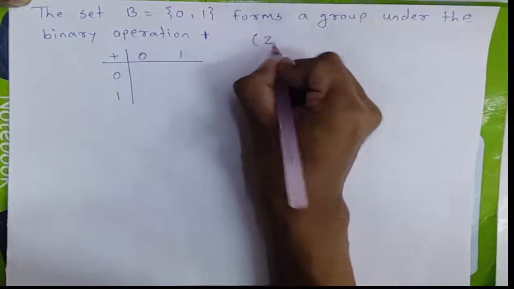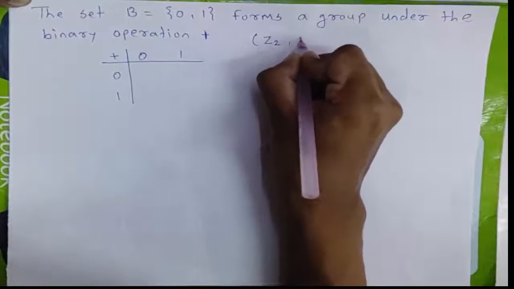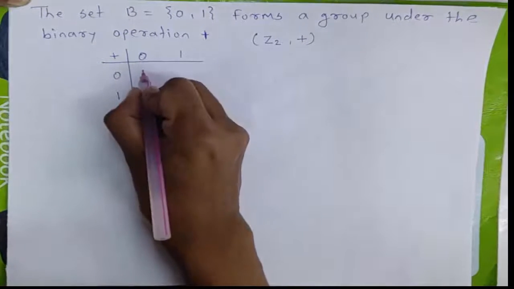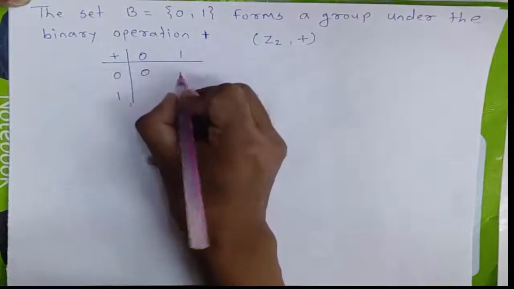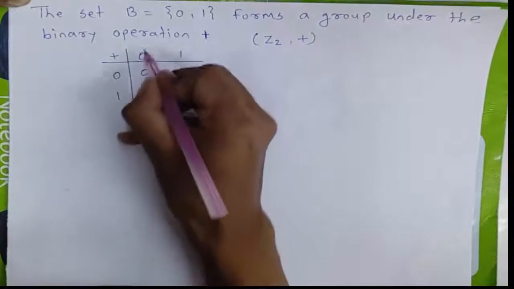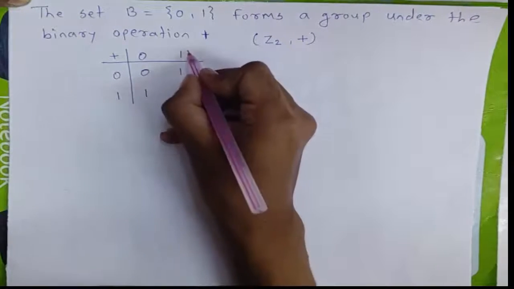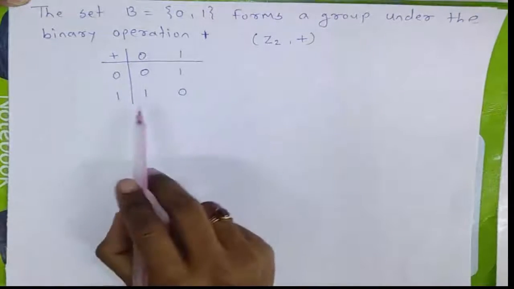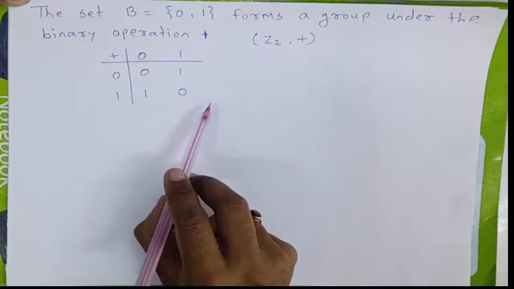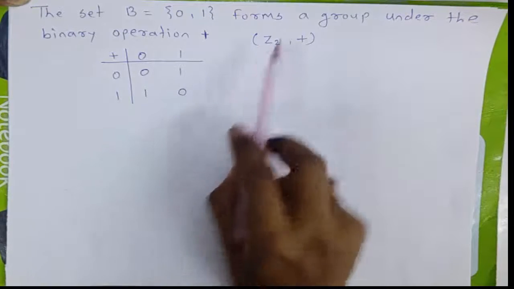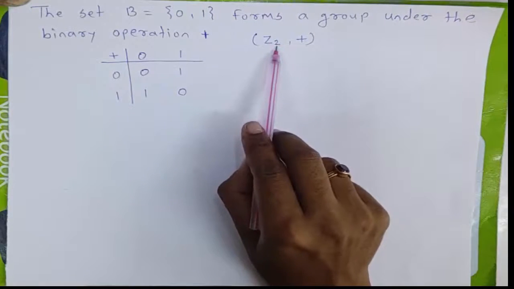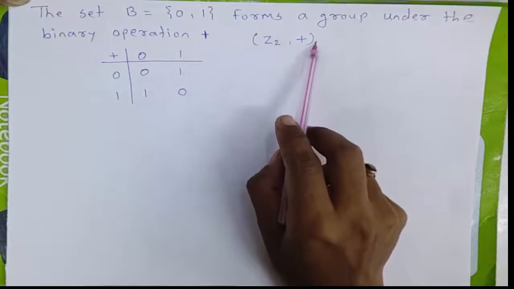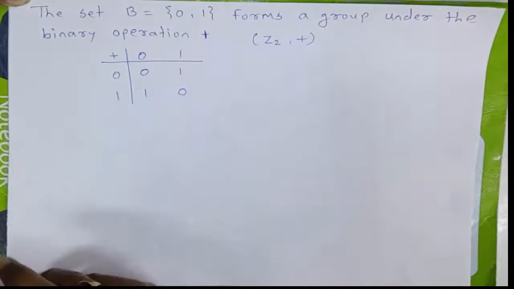Here the set Z2 together with the binary operation addition: 0 plus 0 is 0, 0 plus 1 is 1, 1 plus 0 is 1, but 1 plus 1 in addition modulo 2 we get 0. So from this table we get that the set Z2 with respect to the binary operation addition modulo 2 is a group.